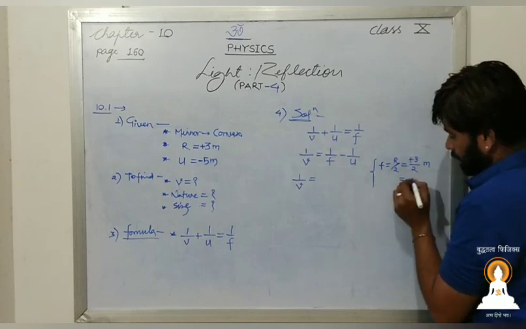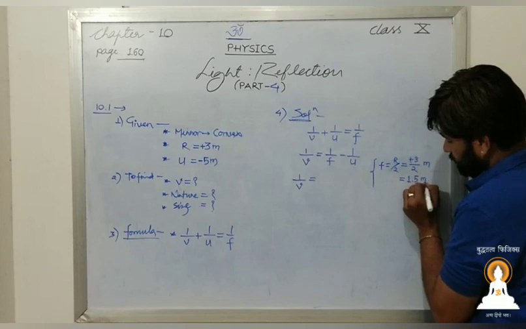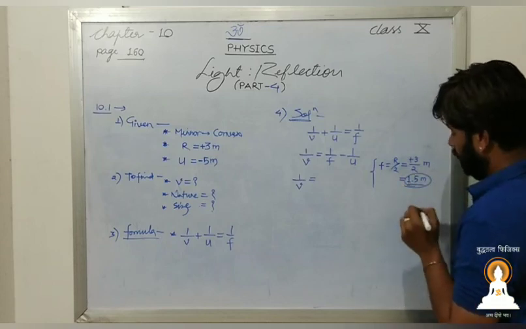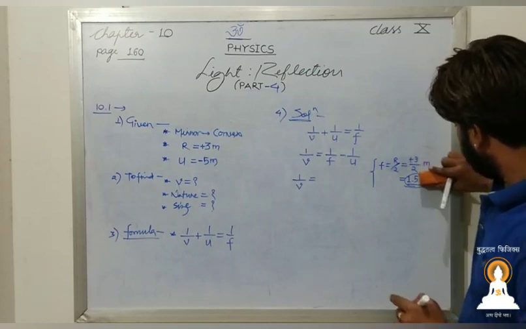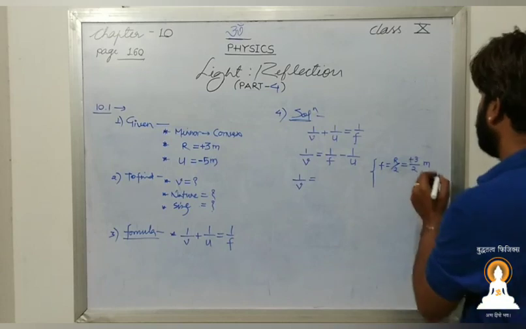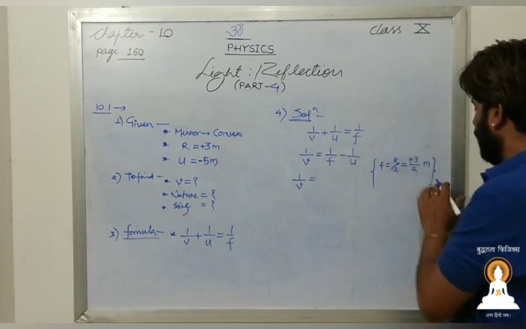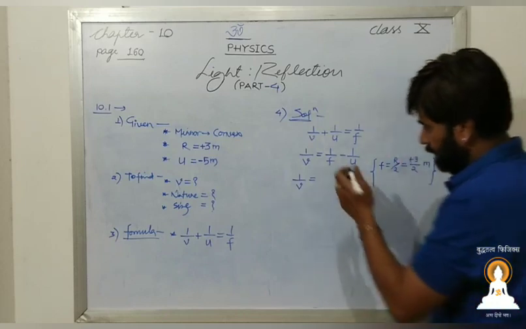Now I will request you to avoid decimals. Just leave them as a fraction, that is 3 by 2. Why, sir? We will see later how simple the numerical will be when you take them as a fraction.